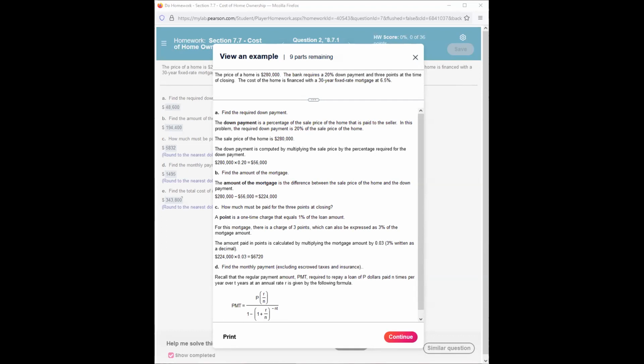Part C. How much must be paid for the 3 points at closing? So when you're closing on your house, how much is 3 points?